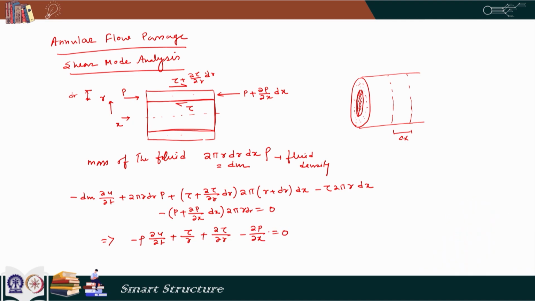And then we assume that the flow is quasi steady. So del u by del t is 0, and that gives me del tau by del r plus tau by r is equal to del p by del x.